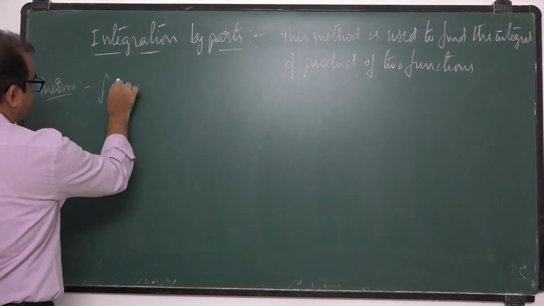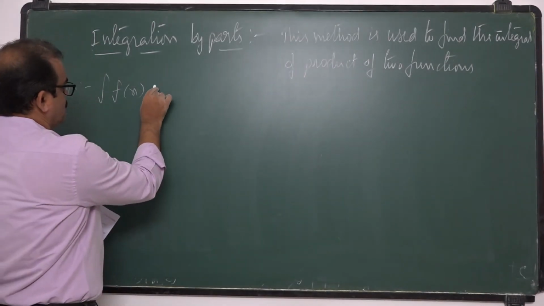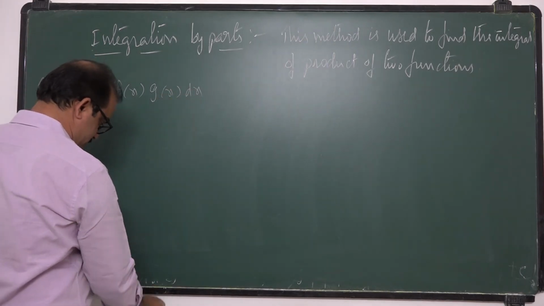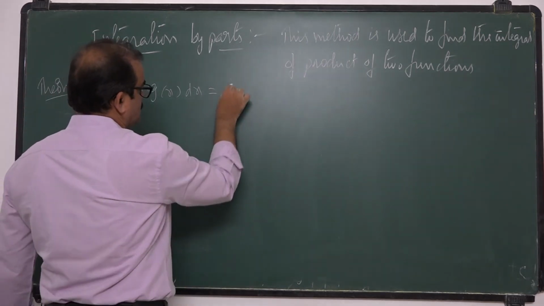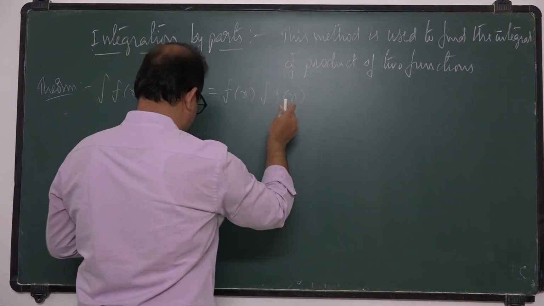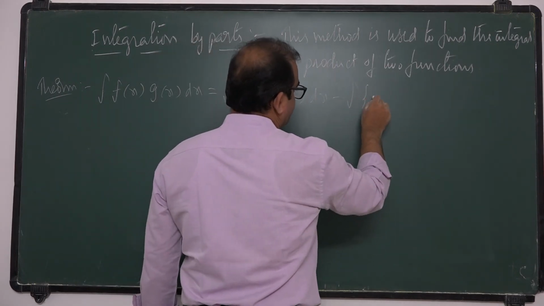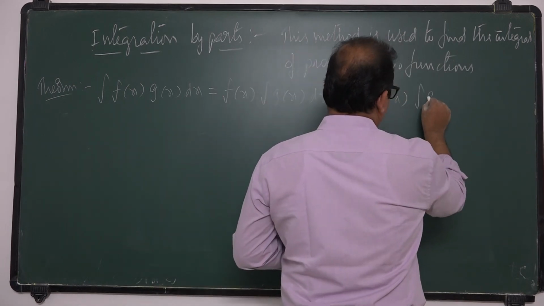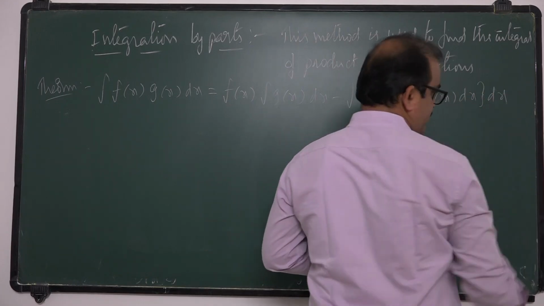Integral of f of x into g of x into dx is equal to f of x into integral g of x dx minus integral of f dash x into integral g of x dx whole dx.